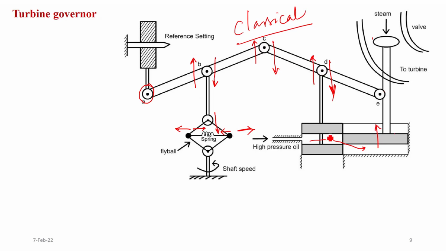As point D moves upward, what will happen? The high pressure oil will pass through this, and hence your main piston will go down, and it will open more and more to pass the high pressure steam to the turbine, which will increase the speed of the turbine.